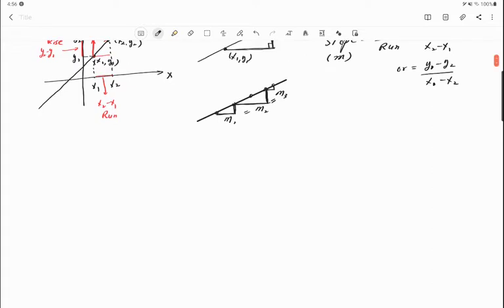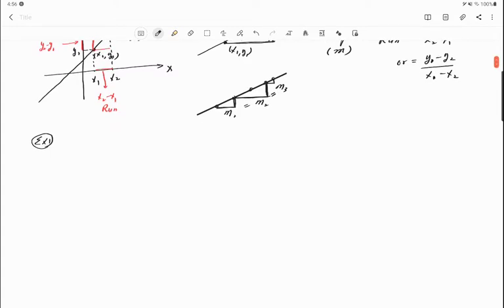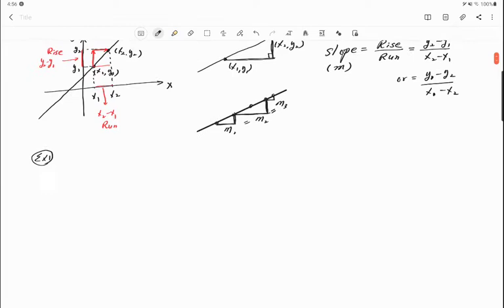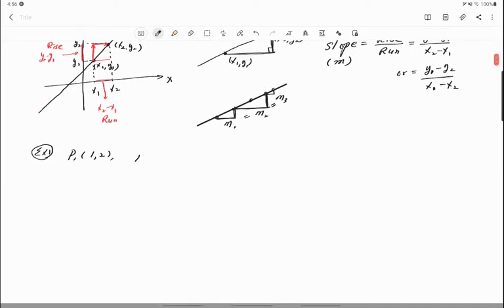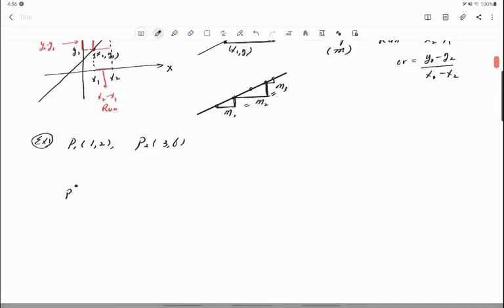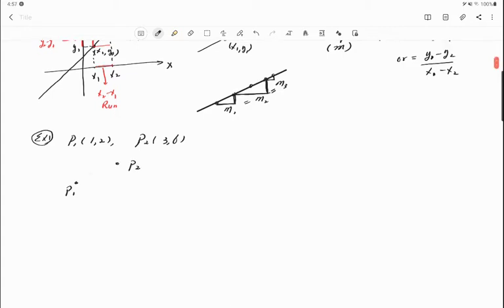All right, then let's try an example. Find the slope of the line passing through 2 points. Here is point 1 and point 2, and there is a line passing through them.